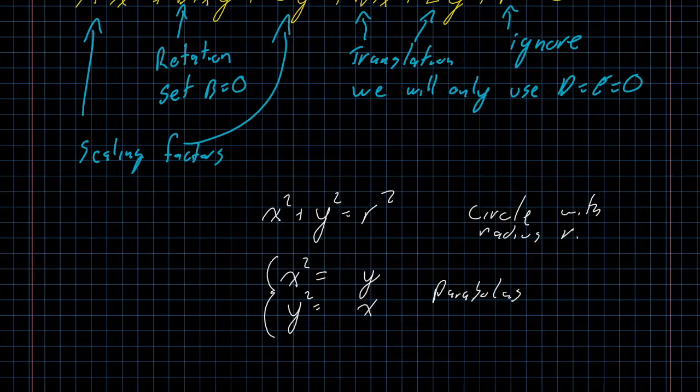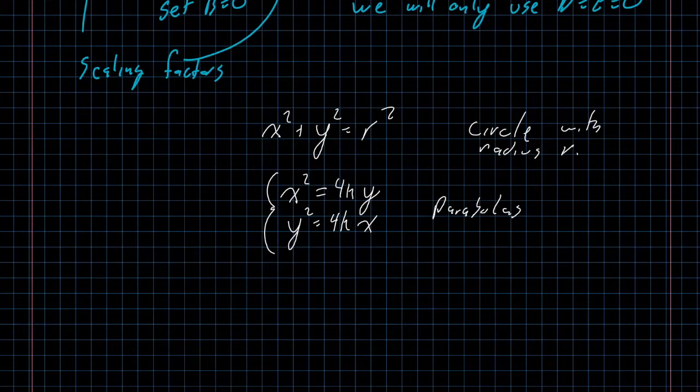Traditionally, it goes right there and is a value 4 times k. And k gives the eccentricity of the parabola. If you have k as positive, you can get parabolas that open upward or to the right. If you have k as negative, you get parabolas that open downward or to the left.